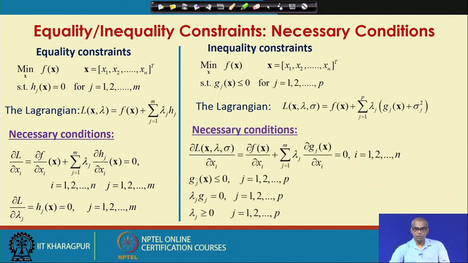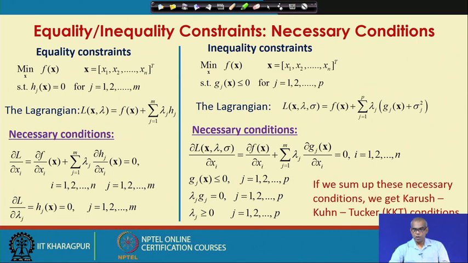Then the necessary conditions can be obtained as del L del x_i equal to 0, then g_j less or equal to 0, lambda_j g_j equal to 0, lambda_j greater or equal to 0. So, if we sum up these necessary conditions, we get Karush-Kuhn-Tucker conditions, KKT conditions.